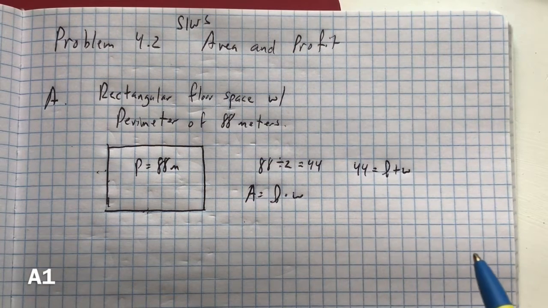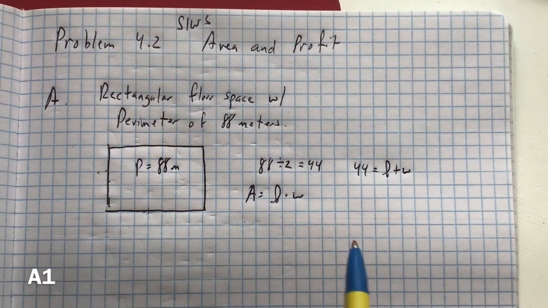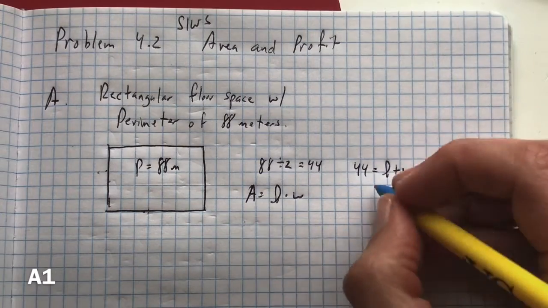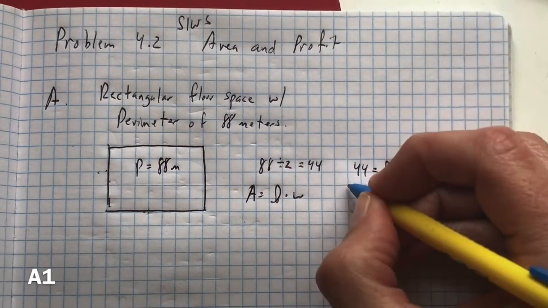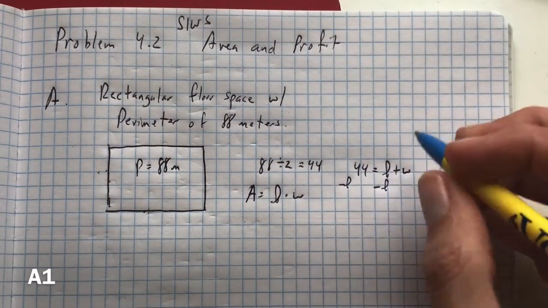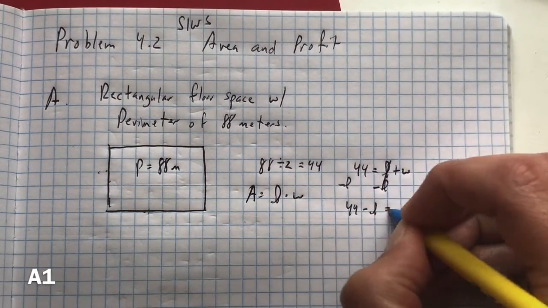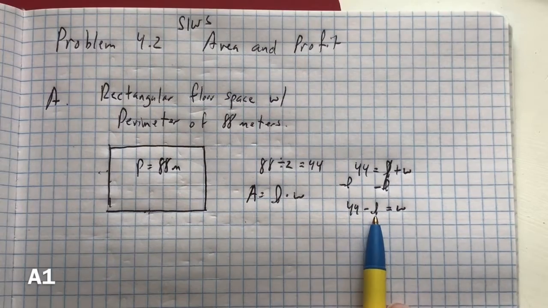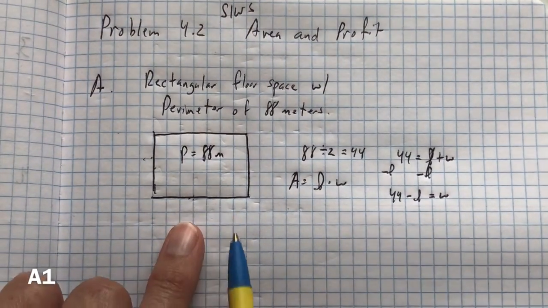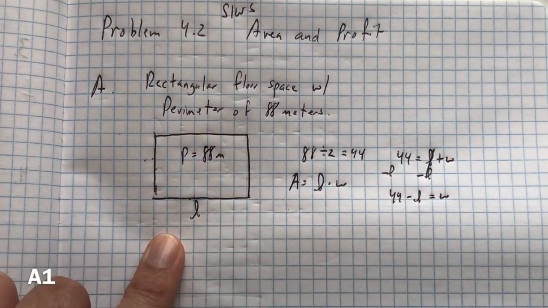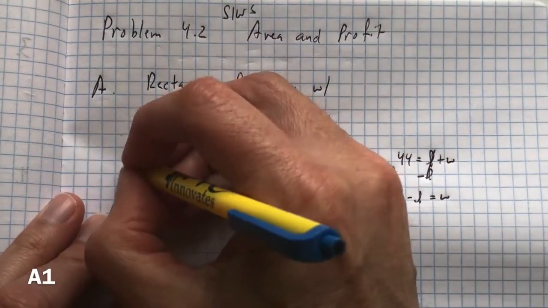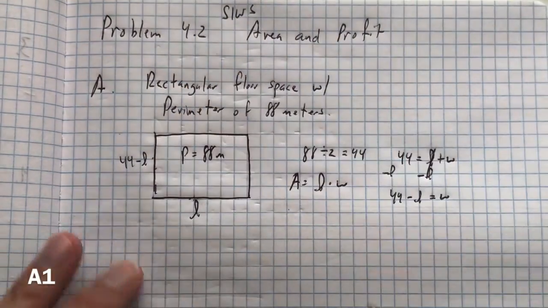If you recall, what we did is we need to get that length out of there. So if I subtract length here and subtract length here, I'd be left with 44 minus the length equals the width. And that's what we can plug in for width. If I put the length here, that means this side would have to be 44 minus the length.